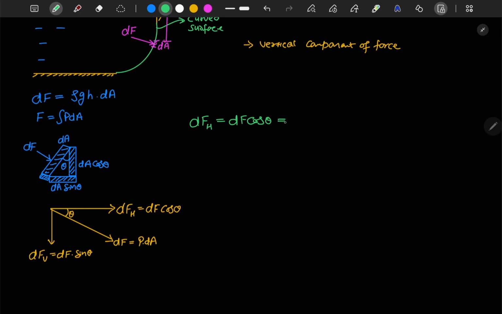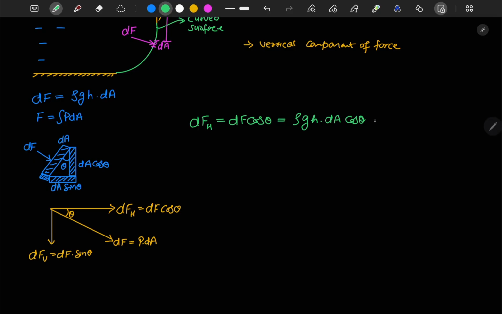So I can write your dF is equal to rho g h times dA cos theta. And from here I can integrate it to obtain your force.